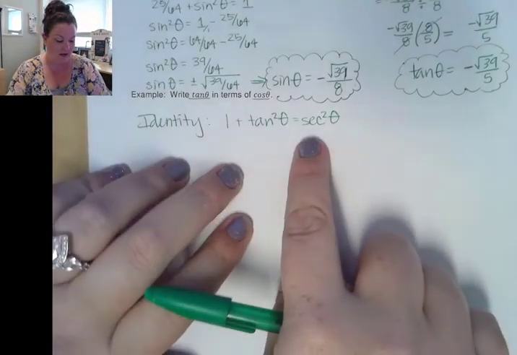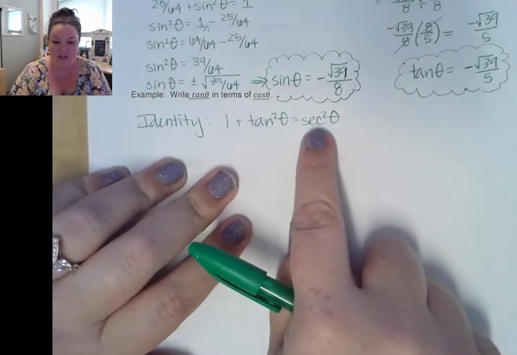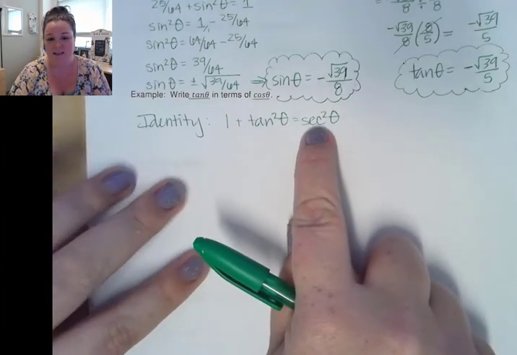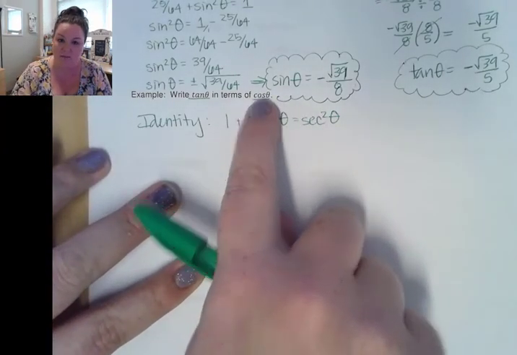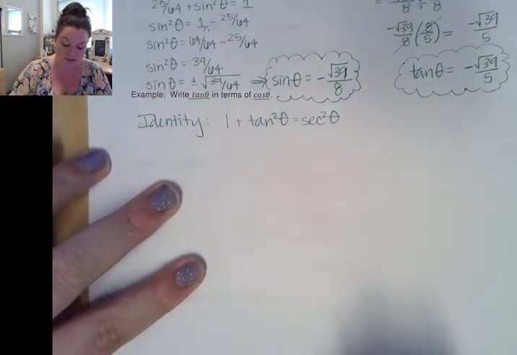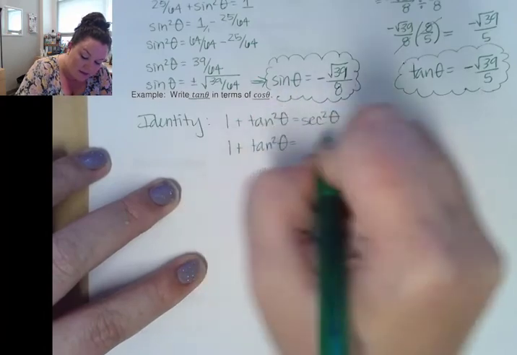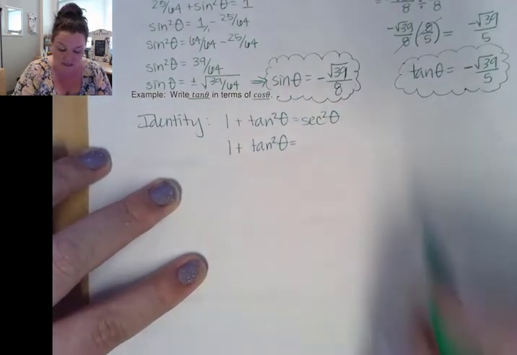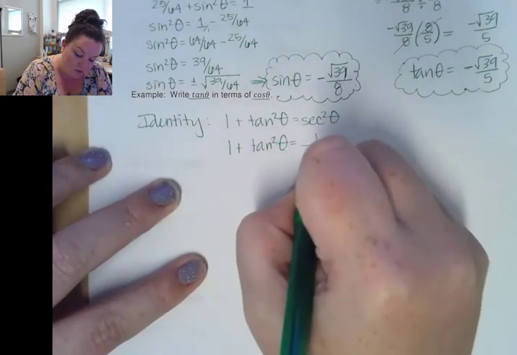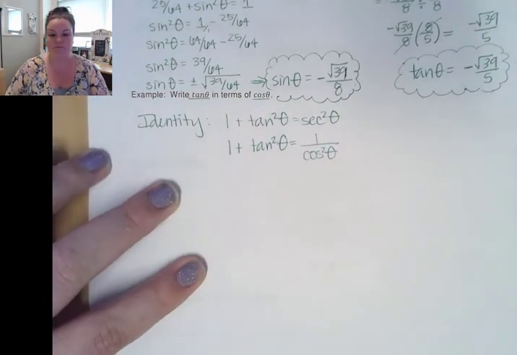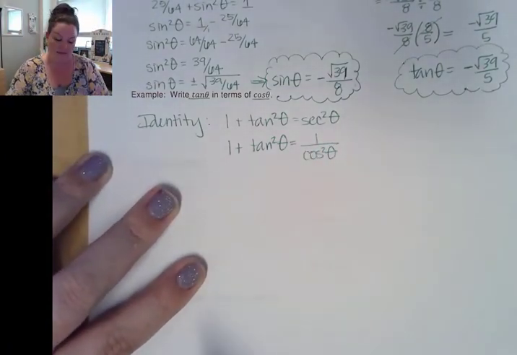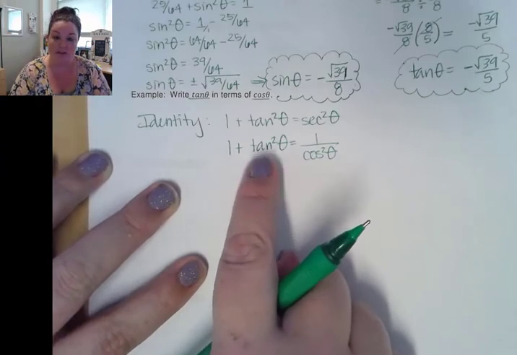So the first thing I want to do is change this secant squared theta into a cosine, because that's what we're hoping to end up with in our relationship here. So I have 1 plus tangent squared theta is equal to, instead of secant, I'm going to write 1 over cosine squared theta. Then I need to solve for tangent.